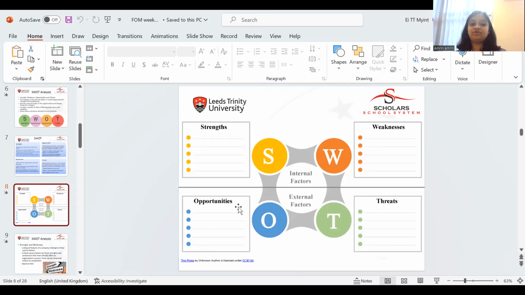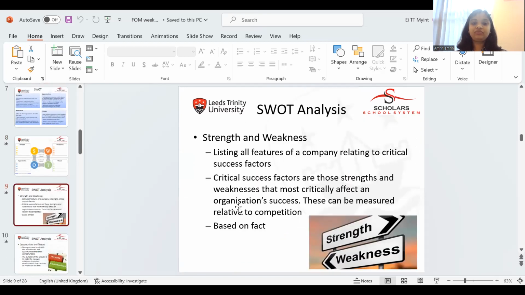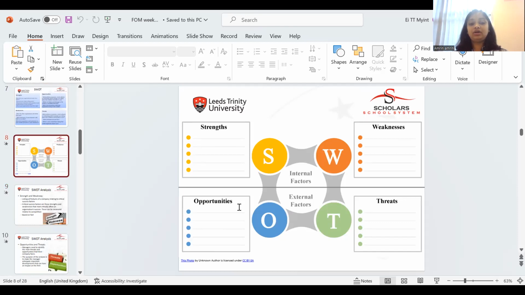As I have just explained all the parts, strength, weakness, opportunity, and threat, you should go to each and every section and start writing. Once we do this activity in the class, I would appreciate it if you all do this activity. This is a structure that would help you to do the SWOT analysis.